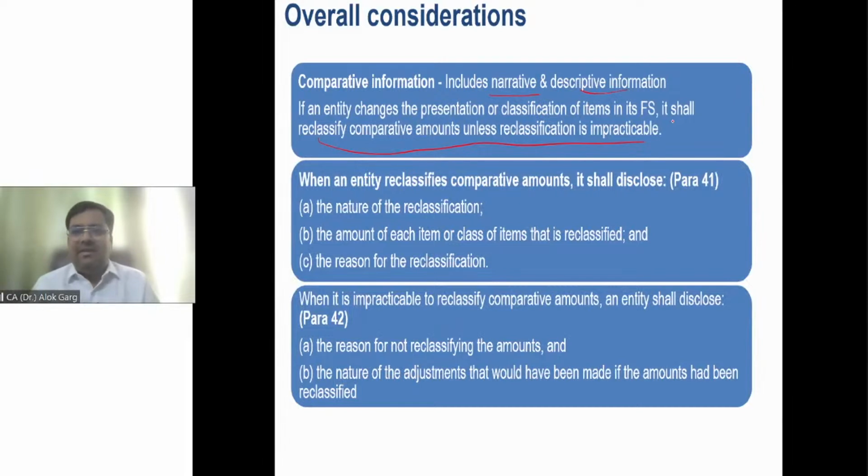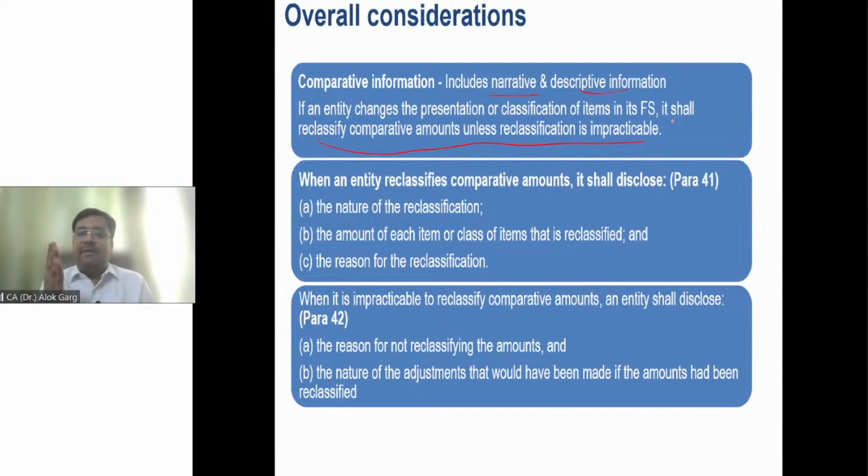The company is aware that the printing and stationery expense is very small. But since this year, the company has a huge expense in printing and stationery. The company has given a purchase order to a large vendor. So in this year, the classification of printing and stationery is practicable.